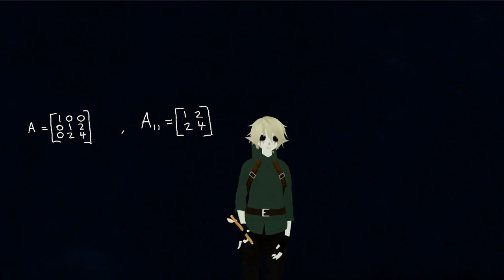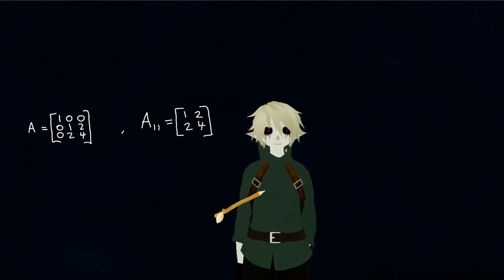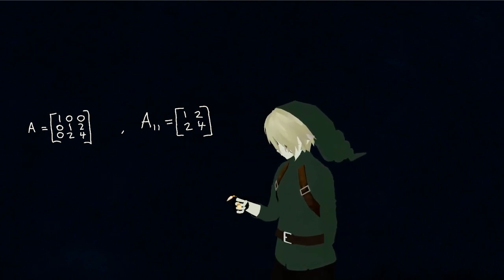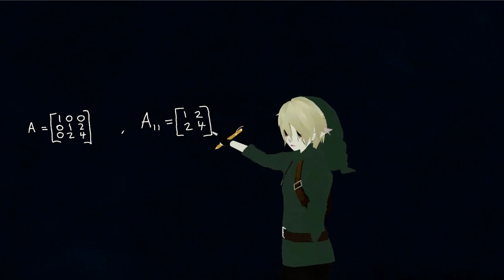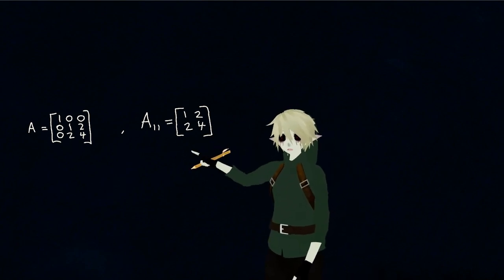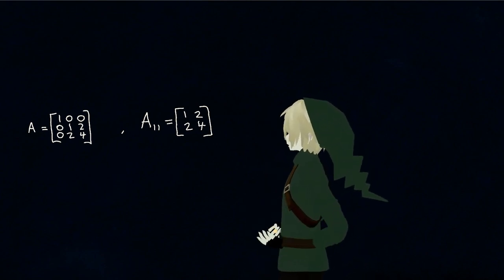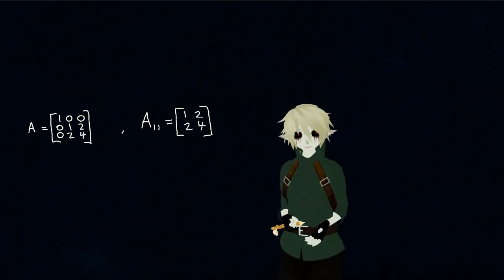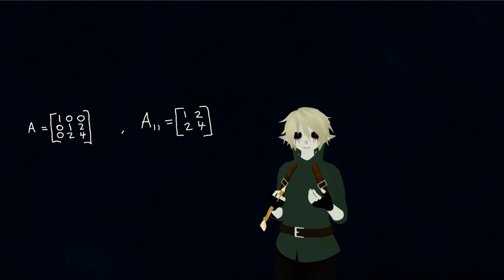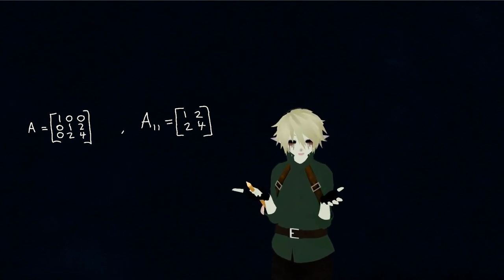We write it like this, where the numbers represent the rows and the columns that we want to delete. It's a very important concept that we understand what a submatrix is, and now it will be easier to understand how determinants work for bigger, nastier matrices.